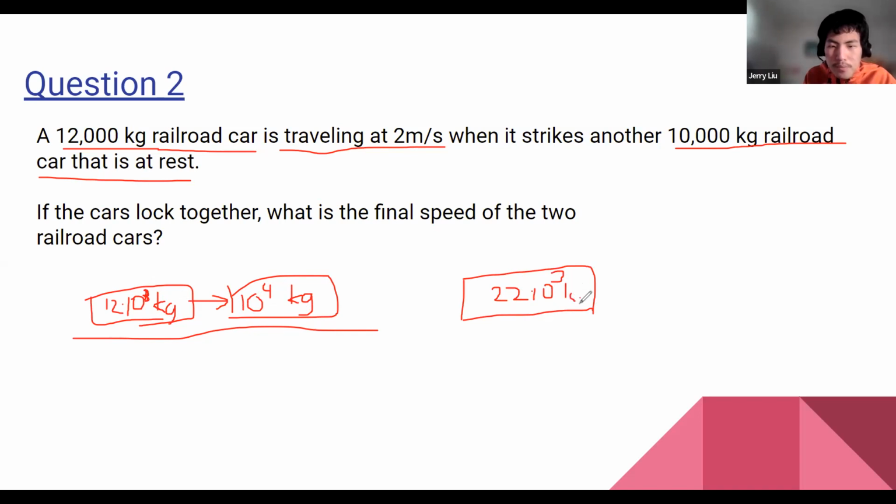So we're given this speed, which is 2 meters per second. And we know that the momentum before is completely accounted for by this 12,000 kilogram cart moving. So the momentum would be mass times velocity, so you'll get 12,000 times 2. So P initial is 24,000 kilogram meters per second.